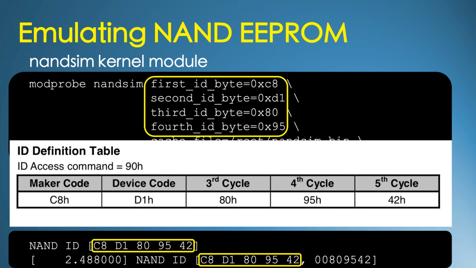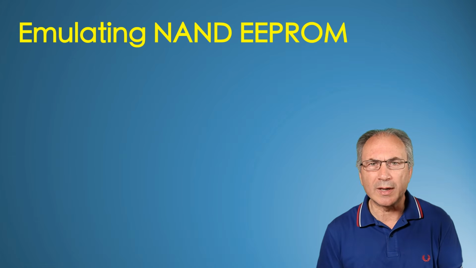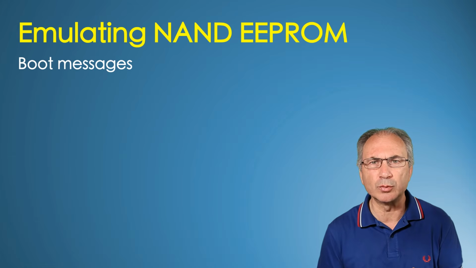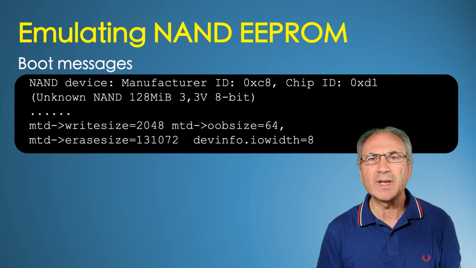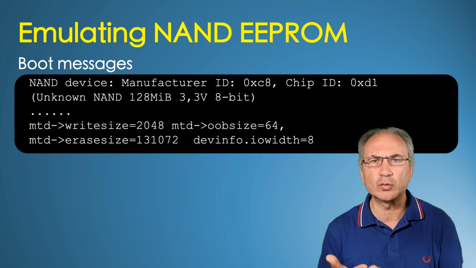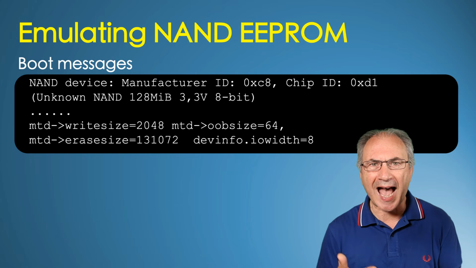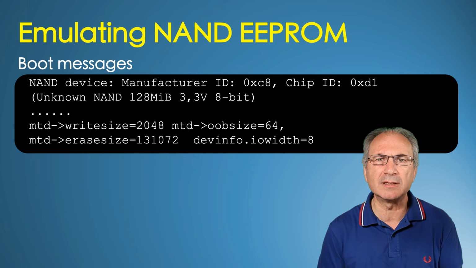But if we don't know the EEPROM part number and don't have its datasheet, we anyway know that what matters for a correct emulation is to have the same NAND EEPROM memory size, the same erase block size, and the same page size. Usually this information is printed during boot as shown on the screen. We can use this information to match corresponding ID values from the Linux MTD page.